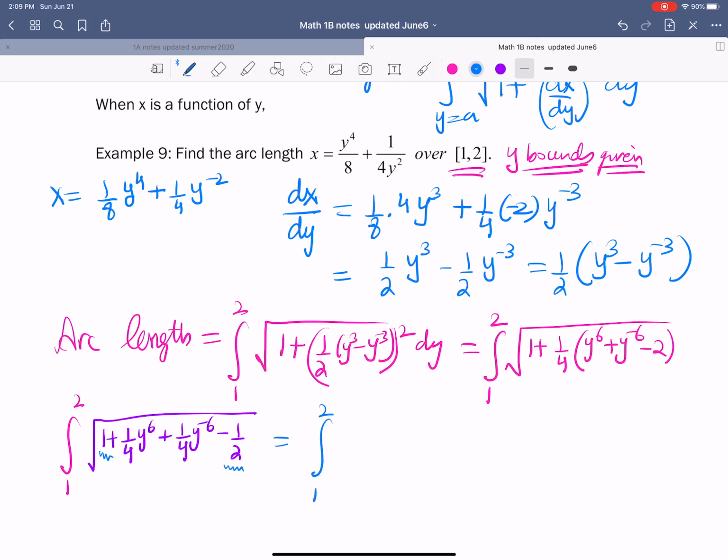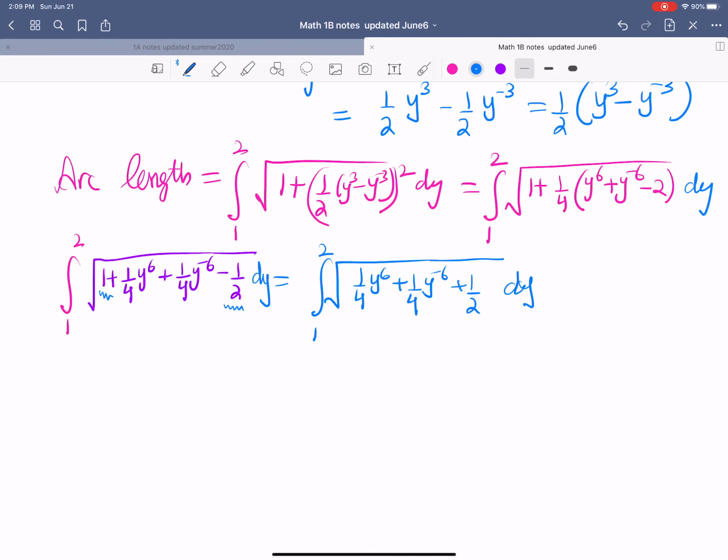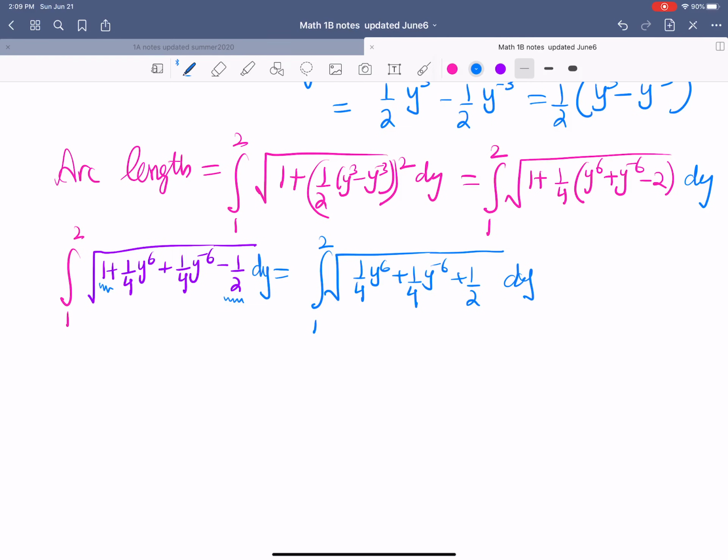So going from 1 to 2 of the square root, 1/4 y to the 6th plus 1/4 y to the power negative 6, 1 minus half is a positive 1/2, dy. Do not forget dy. Okay, let us see. Is there anything I can pull out of this? I can pull out a 1/4 from here.